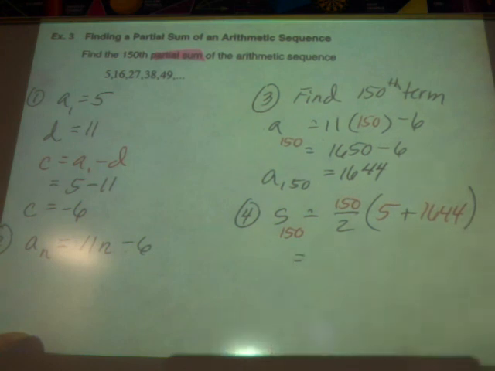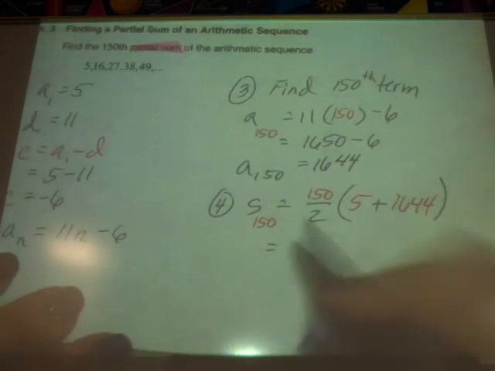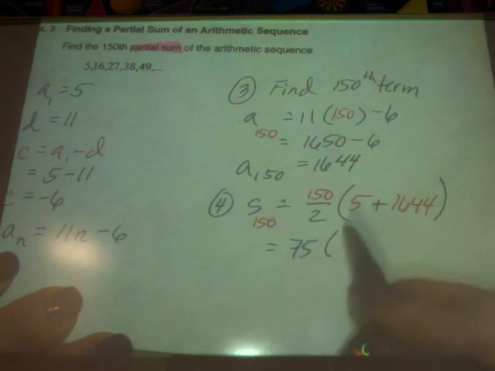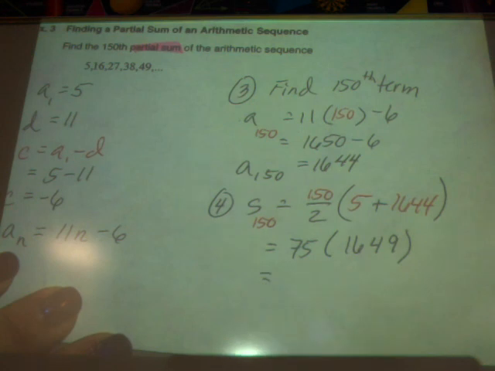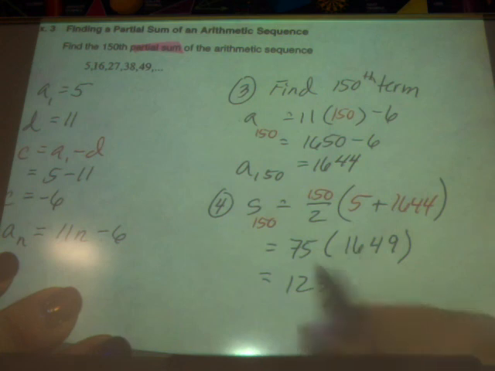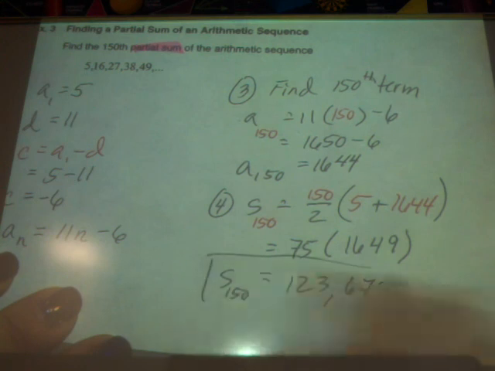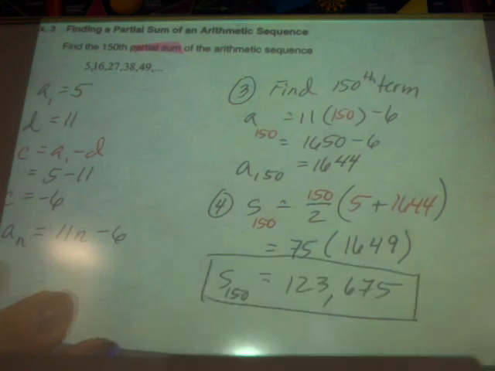So what's half of 150? 75. And then add these together, we get 1649. And then that product is a large number. 123,675. So the partial sum of the first 150 terms is 123,675. Right?